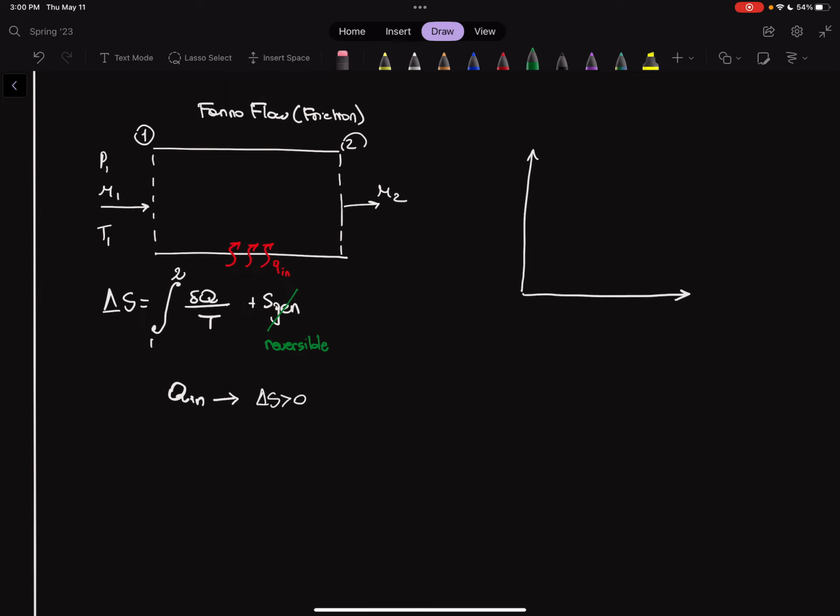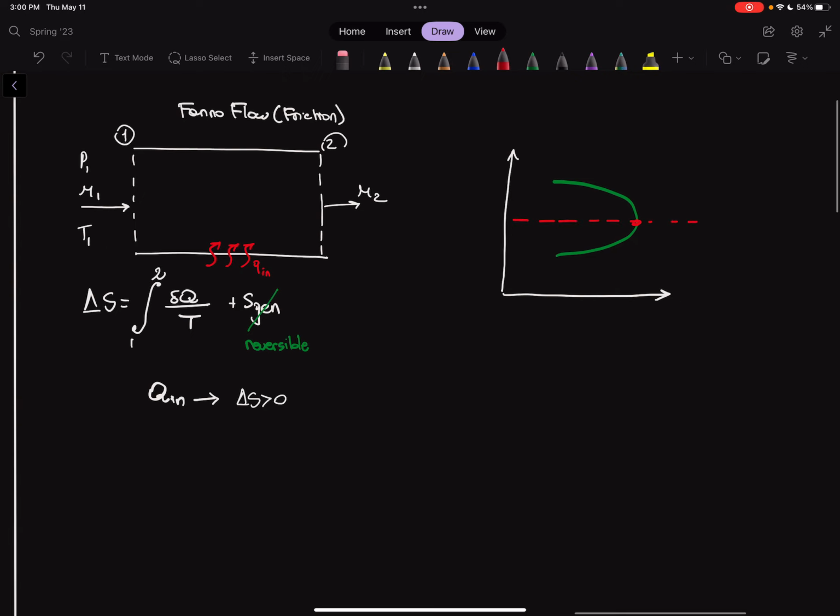At the far right, this is the maximum condition. You will have T star here when Mach equals 1. And above is the subsonic case. Under is supersonic case.